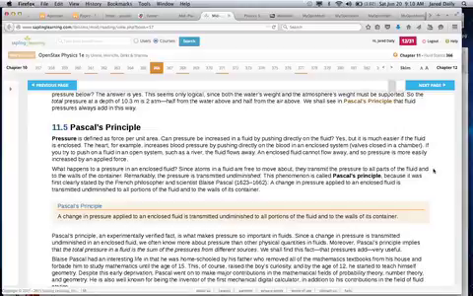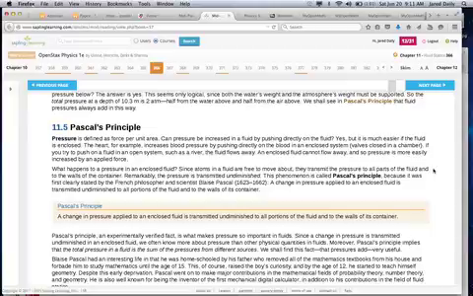But Pascal's principle says that if you change the pressure that has been spread out nice and evenly inside of a container holding a fluid, that the change in pressure will transmit itself to all of the fluid and all the walls of the container. Now this is assuming that you have an enclosed container and the container is completely filled with one kind of fluid.